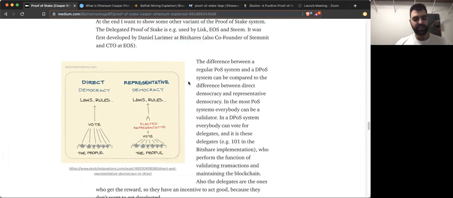If you want, proof of stake is like this picture on the left, where everyone has a chance to vote on which block is valid, if they have stake in the network. On the other hand, in delegated proof of stake, people vote for a representative that then has the power to validate blocks. So it's like creating a staking pool, where you just put your stake behind a representative that'll be responsible for validating the transactions.